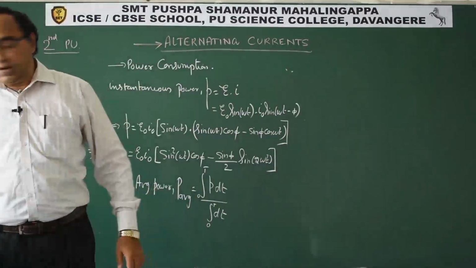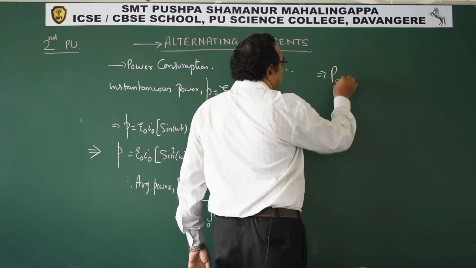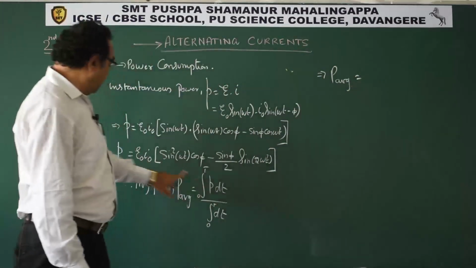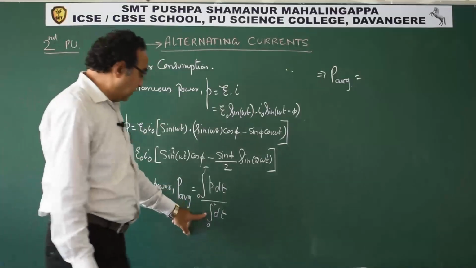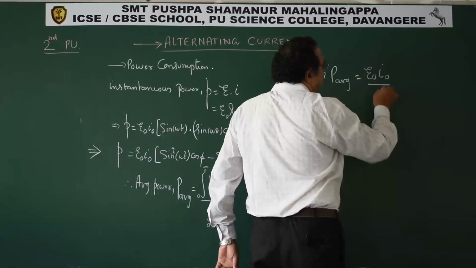In order to do the integration, P average is the integration of P, and we take 1 by T outside, so we get E naught I naught by T.